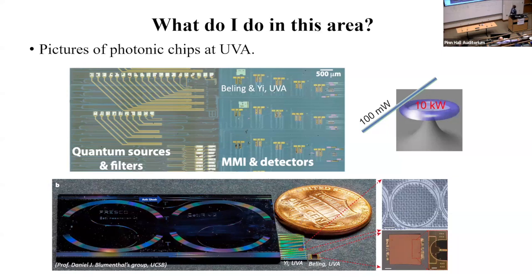This is probably the best-looking picture in our lab: a chip where you can generate squeezing and quantum entanglement, and this is Andreas's photodiode. You zoom in, and all of these are very small. This is from our collaborators in Santa Barbara, who sent us devices.